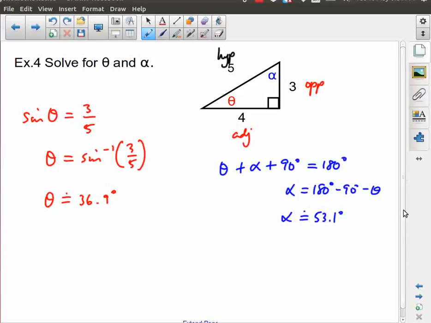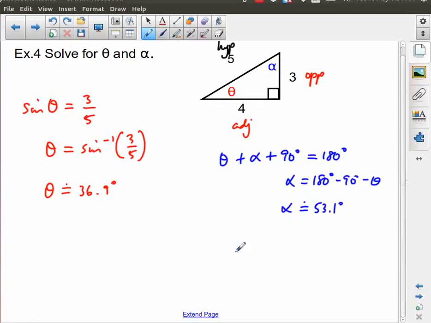But let's say I wanted to do it another way. Let's say I wanted to do it using trigonometric ratios. This time I think I'll use tangent. So I could have said the tangent of alpha. Here is opposite to alpha, here is adjacent to alpha.